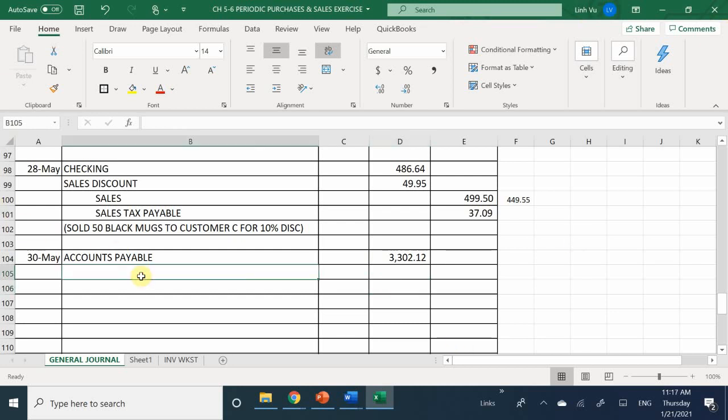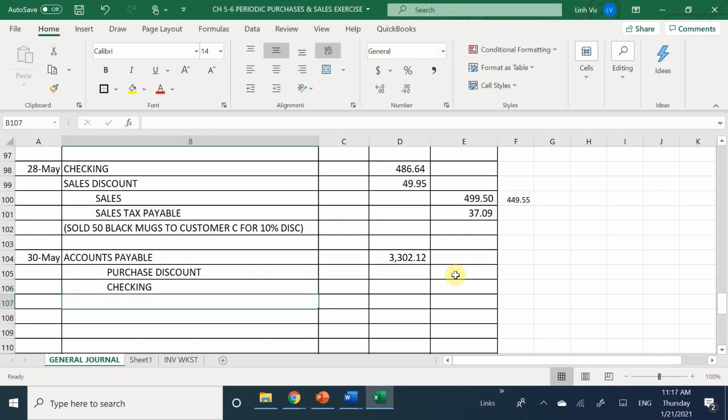The discount? Yes, we have a purchase discount. Okay. And then how are we actually making a payment? Check. Yes. And check is going to be directly from your bank account. So checking is going to be there.